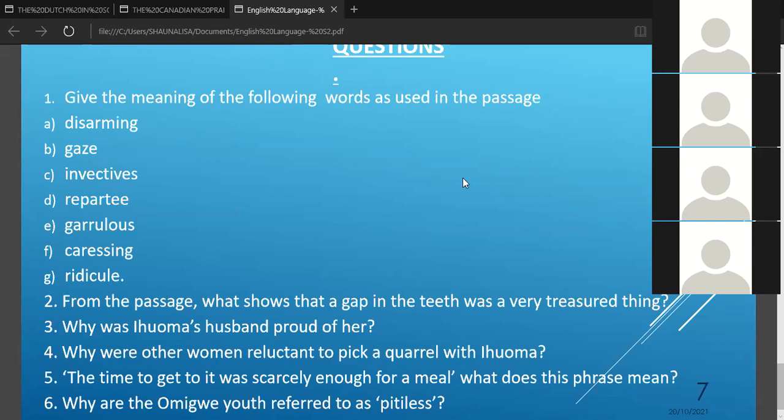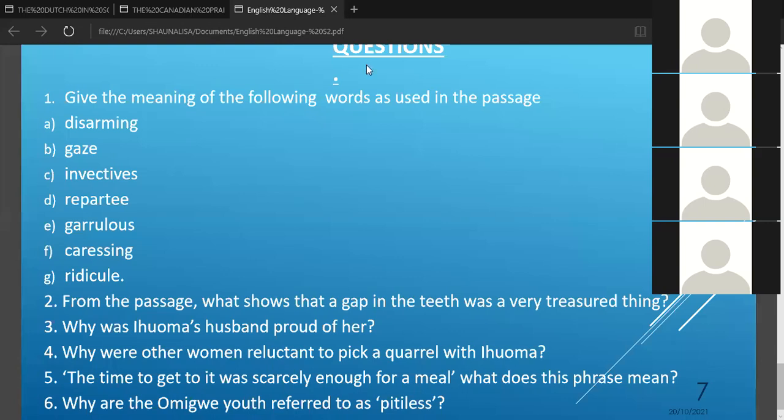Okay, then repartee. According to the dictionary, it says conversation or speech characterized by quick, witty comments or replies. And similar words are banter. We can't hear you.